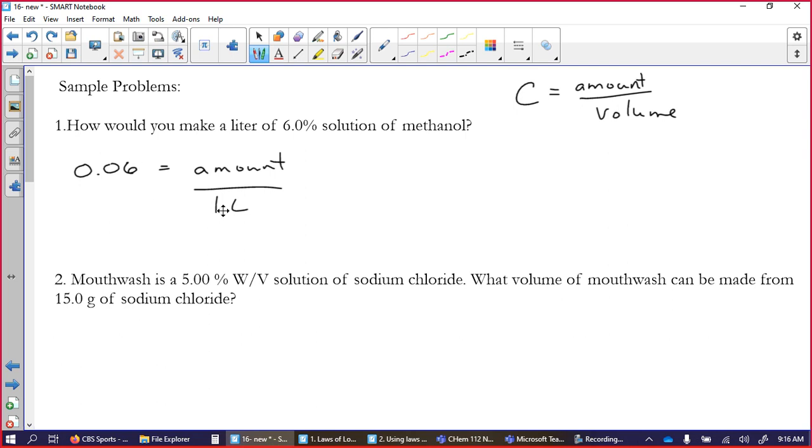Well, if I multiply by a liter, you need 60 milliliters. If you dissolve 60 milliliters in a liter, you will get a 6% solution.